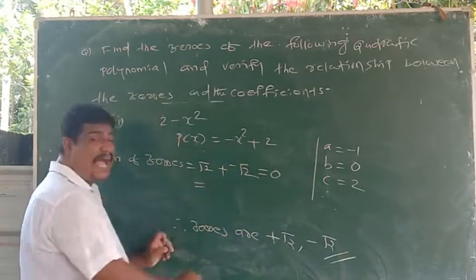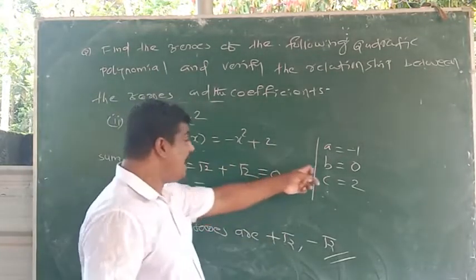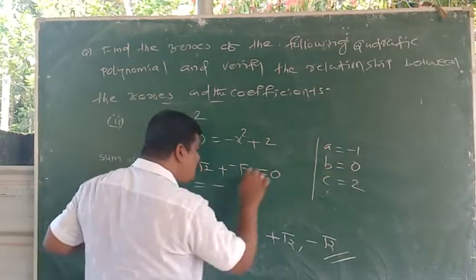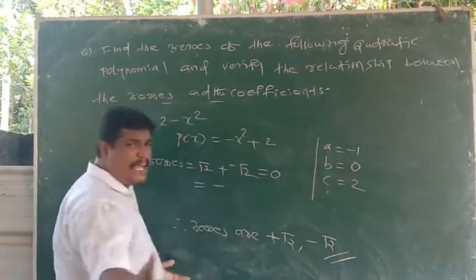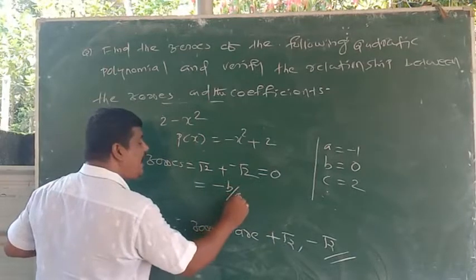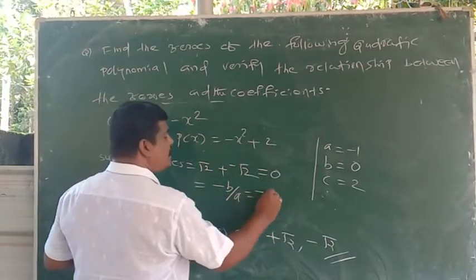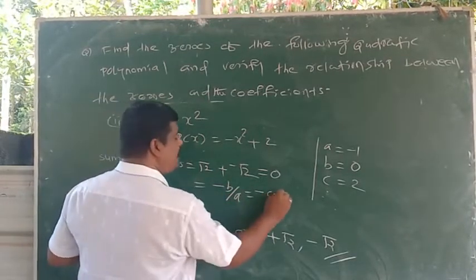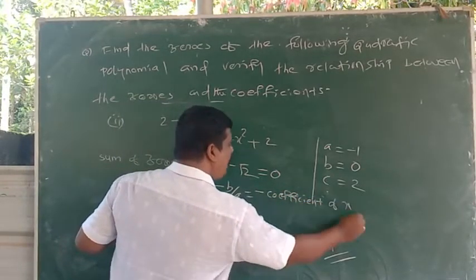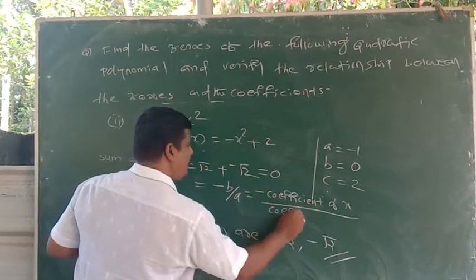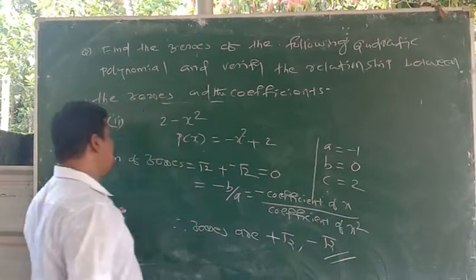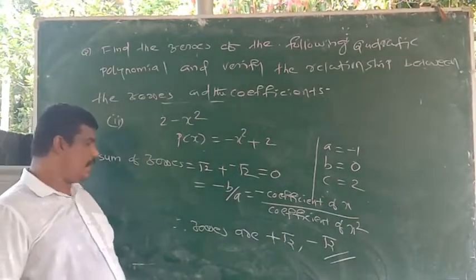What is minus b by a? B is 0, and 0 by any number is 0. So the sum of zeros is minus b by a, that is, minus coefficient of x divided by coefficient of x square. Clear?